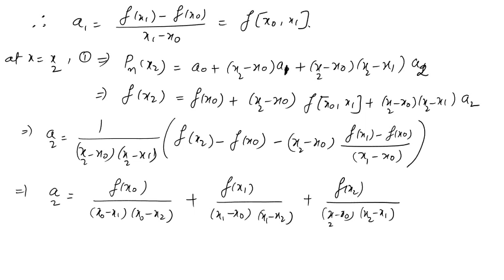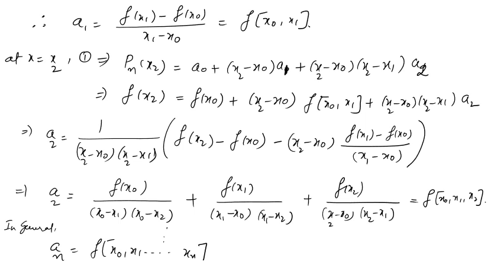And we already know that this right side expression is the second divided difference, and so on. So in general, an is the nth divided difference, x0, x1 and so on, xn.